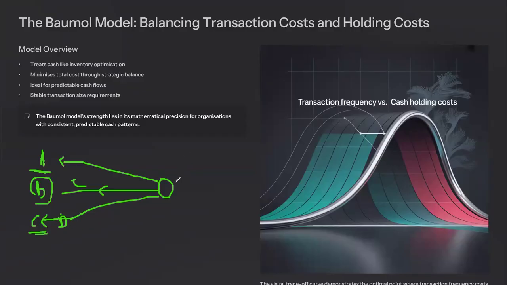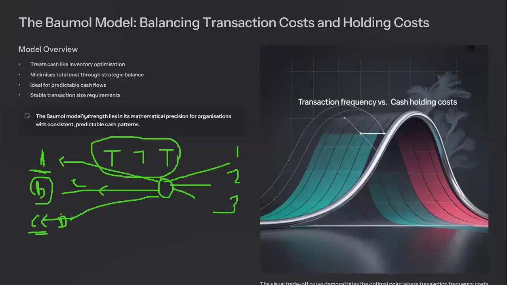While making payments, also if I take one, two, and three, the similar thing I need to study. In all these cases, I will check what is my transaction cost, what is my transfer cost, and what is the total amount involved. That is, all three are strategically evaluated, and strength is taken on precision for the organization.